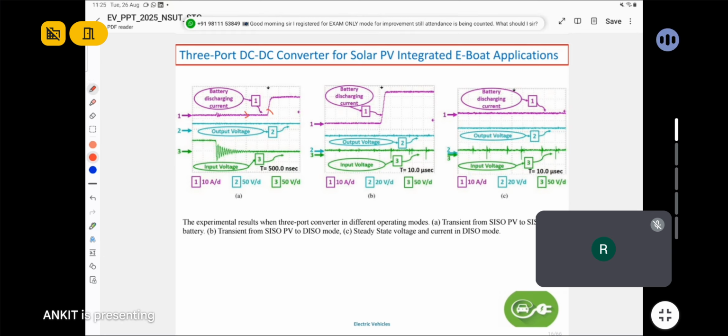The input voltage means the solar PV input voltage, and the output voltage means the output load voltage. The output load voltage is usually constant in nature, and the solar PV voltage will change according to the solar irradiance.